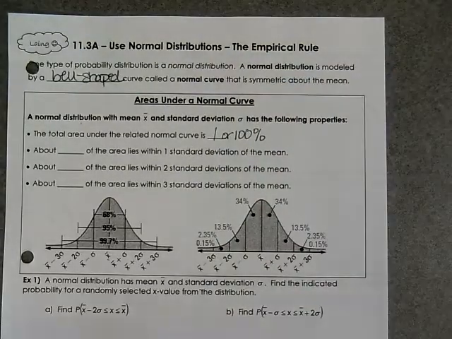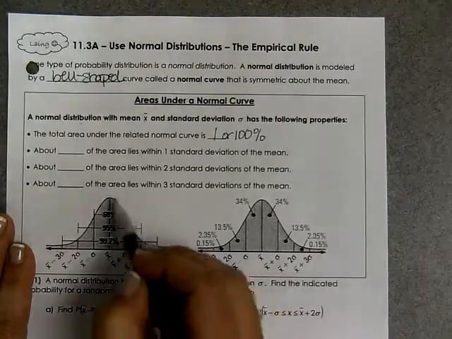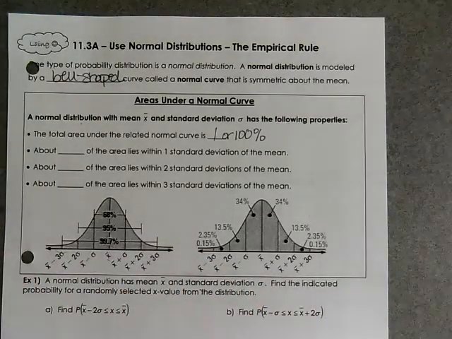In the normal curve, things occur at different frequencies, and when they fall to a normal curve, they fall to this pattern. If you add all those percentages up, that's going to be 1 or 100%.